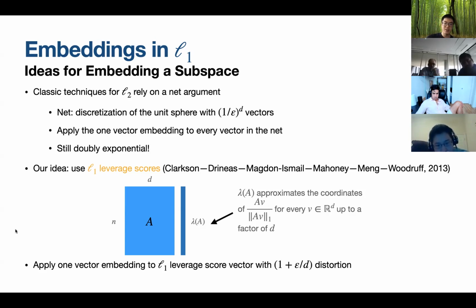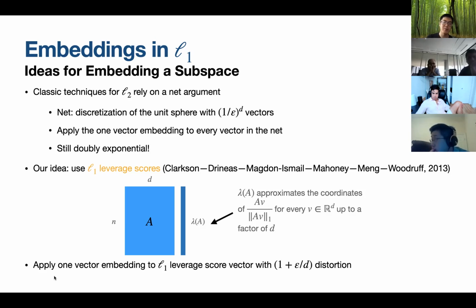Sorry, to get back to Samson's question about why I think there's an exponential dependence on epsilon. Here, we're able to show that applying a one vector embedding with a different epsilon parameter leads to efficient embeddings of a whole subspace. This is a non-black box use of this technique.